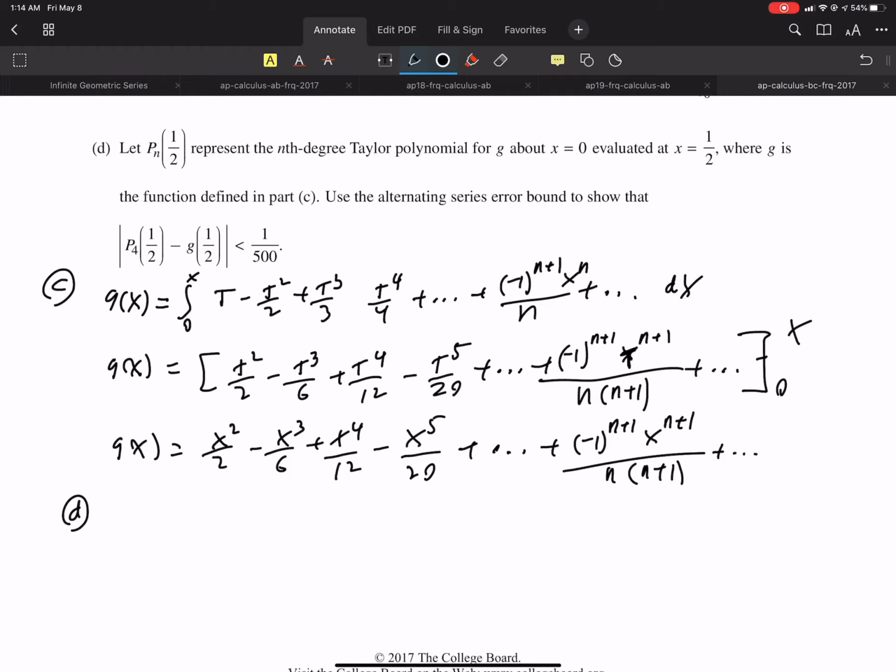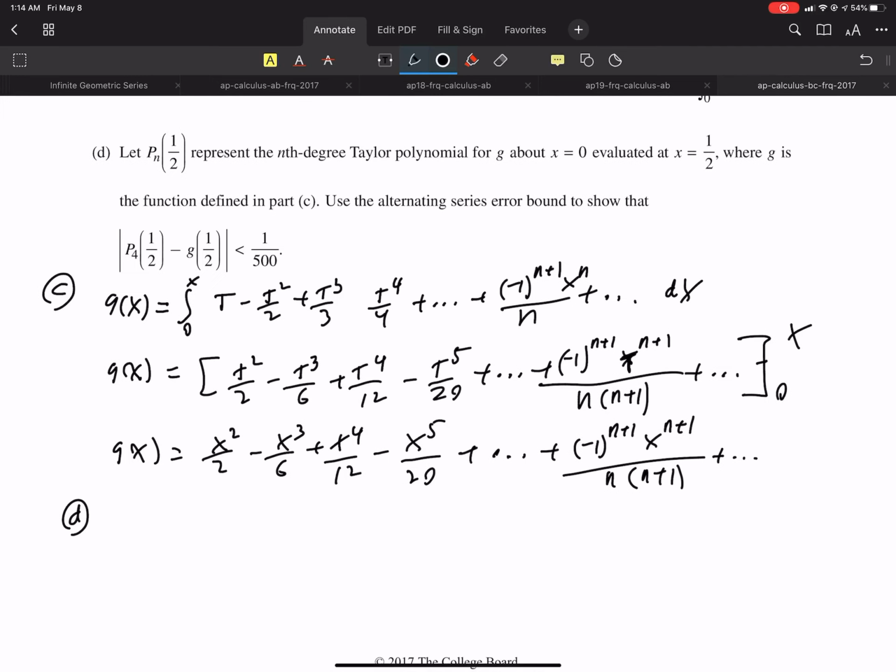Okay, so here we go. First, we have to state that this is an alternating series.